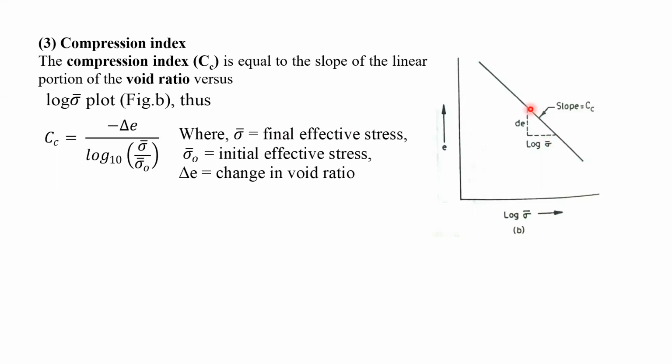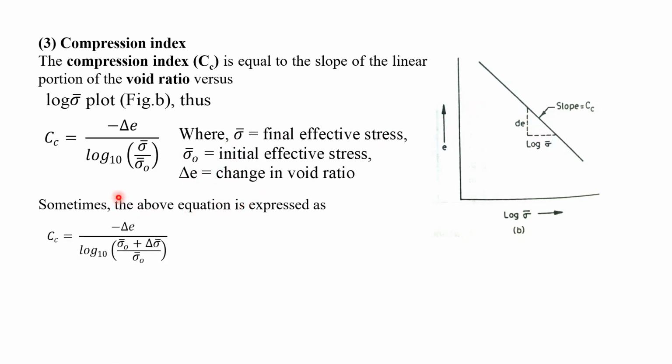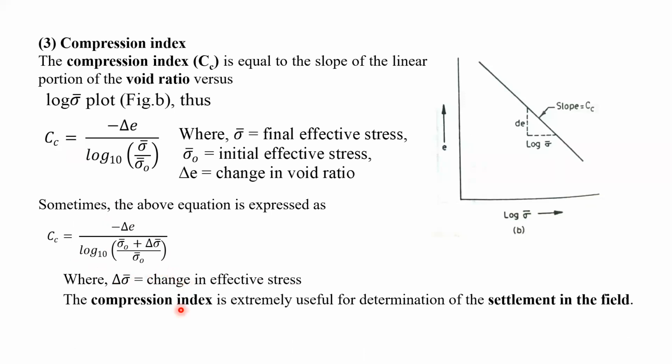The values of void ratio at the two points, subtracted, give you the change in void ratio. So we can also write the compression index formula in this form, where delta sigma bar is the change in effective stress.